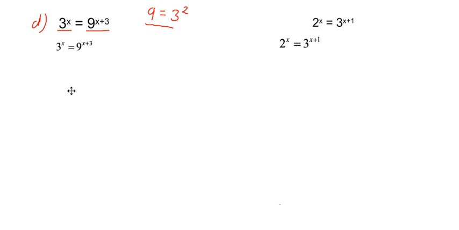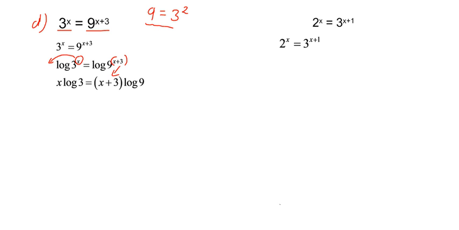So the option that we have is to apply logarithms to both sides. So log the left side and log the right-hand side. Then the next step is to take advantage of the exponent rule that tells you to take out that exponent. So x plus 3 as 1 unit goes out.